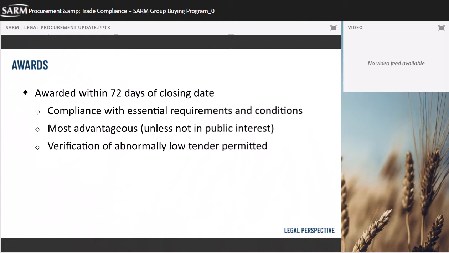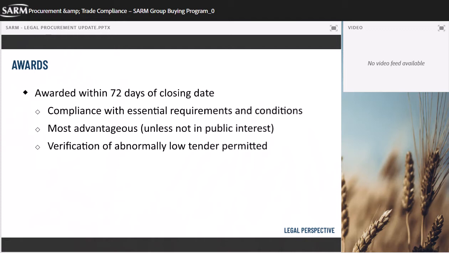So you want to be careful with what you're noting as your essential requirements and conditions. You're required to select the most advantageous tender, of course, unless it's not in the public interest. So if there's criminal association or something along those lines, you're allowed to make that exclusion.